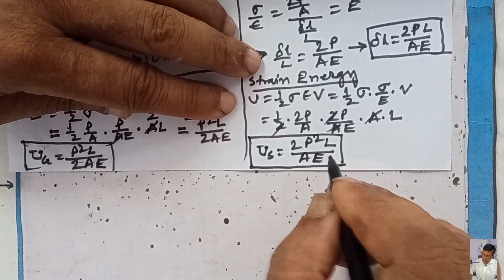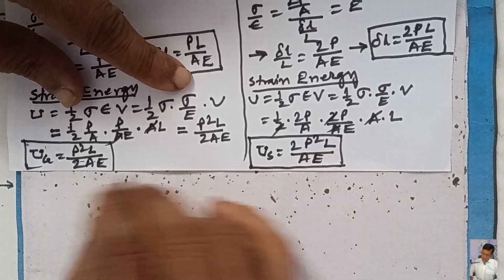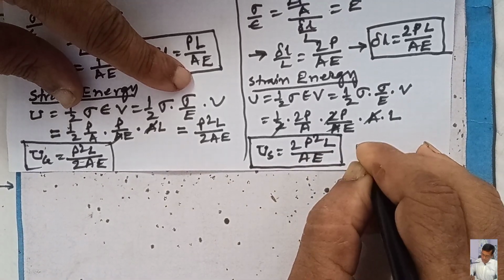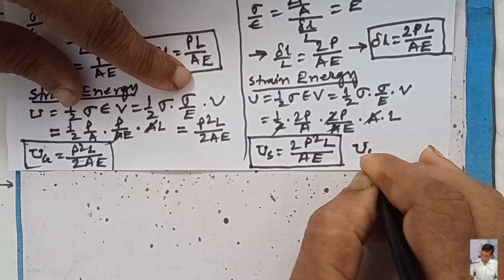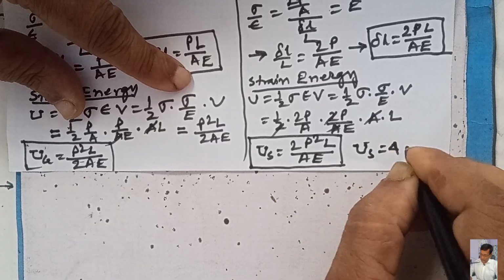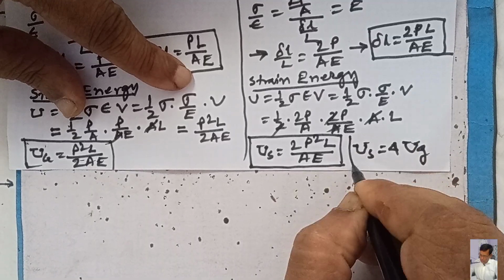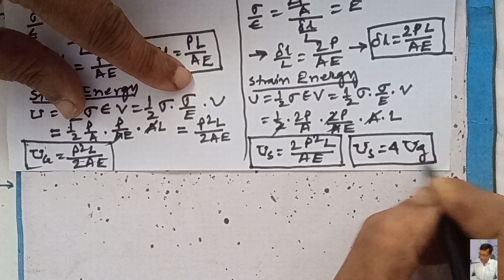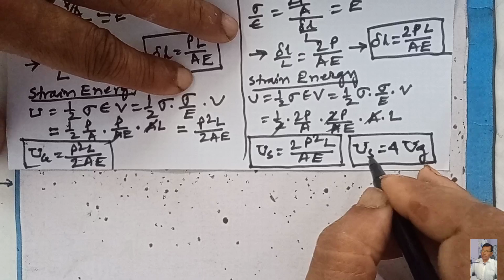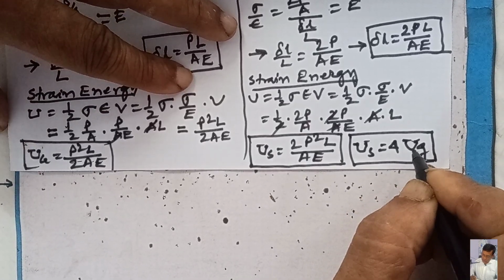Now from these two, we can say that U sudden is equal to 4 U gradual. Strain energy for sudden loading is equal to 4 times of strain energy in gradual loading.